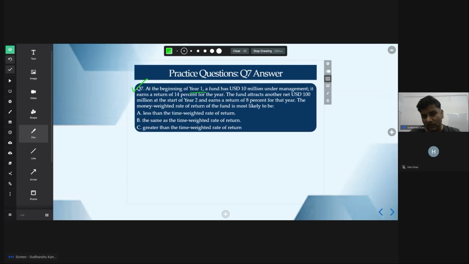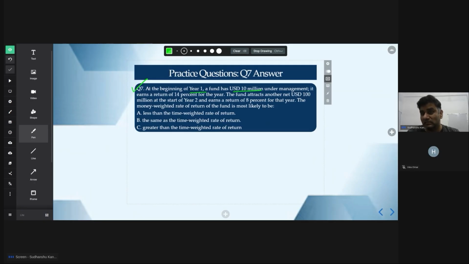At the beginning of year one, a fund has USD 10 million. Beginning of year one, it is not the end of year one. So it is always like your CF0. Same concept which I told you, that whenever you have a beginning part, you start with CF0.